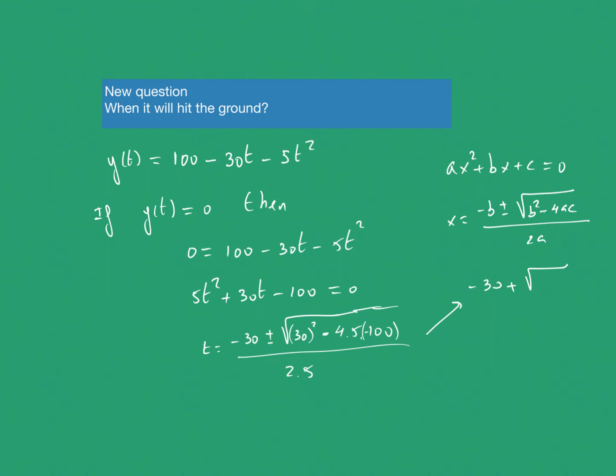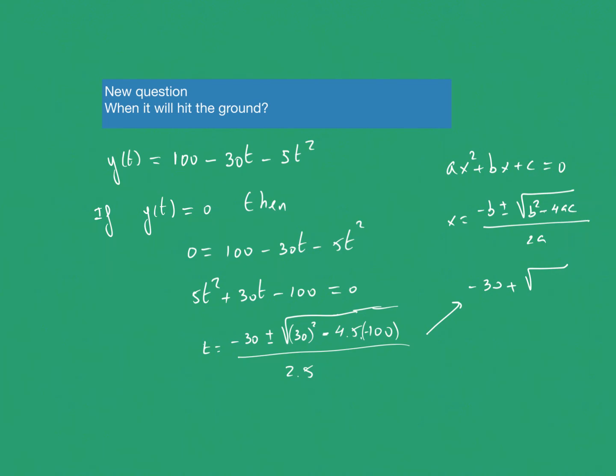The quadratic equation you have studied is ax squared plus bx plus c equals 0, meaning the parabola is crossing the horizontal axis, the x-axis in this case.